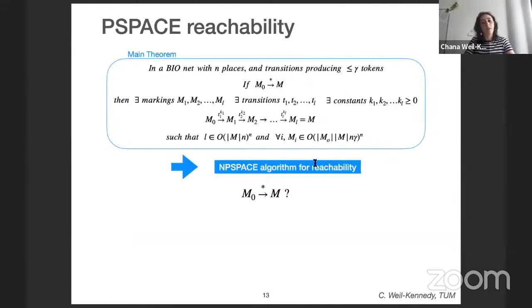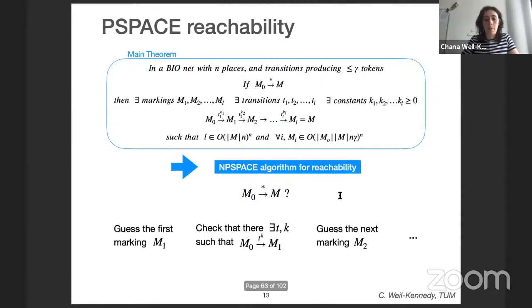So why does the main theorem give us a PSPACE algorithm? By Savitch's theorem, we know that it's enough to give a non-deterministic PSPACE algorithm. So we want an algorithm that decides if marking M0 can reach marking M. The algorithm is very easy.